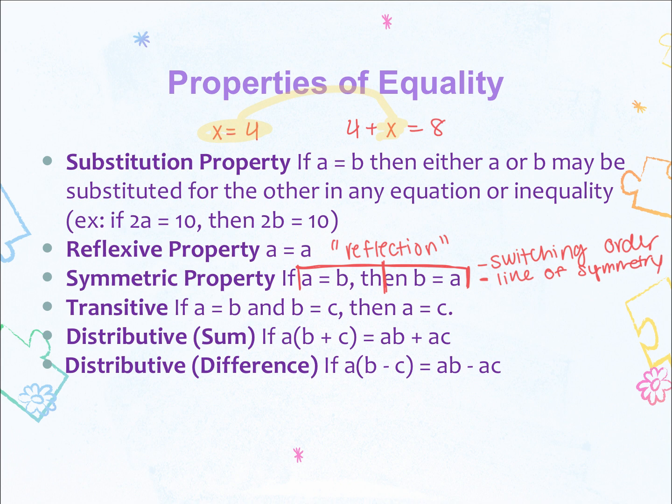All right, so let's look at transitive. Transitive says if A equals B and B equals C, then A equals C. What does this look like or remind us of? We recently learned it.